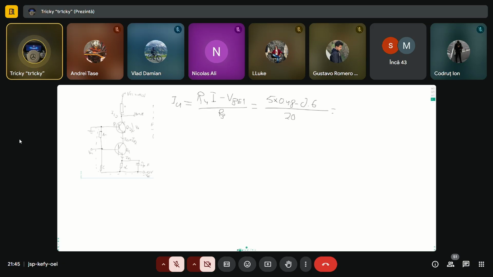Okay, this is equal to 0.09 milliamps, and this results that IC1 equals IC2 equals IE1 equals IE2 equals 0.09 milliamps. Okay, great.